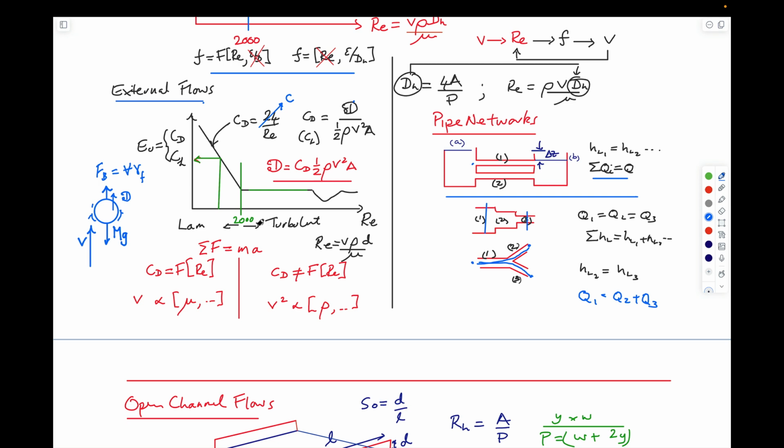If you're looking at external flows, the week 12 material, we can define it by a Moody-like chart, which gives us laminar behavior and turbulent behavior. We define it in terms of a coefficient of drag or a coefficient of lift, which is defined as an Euler number. This is essentially an Euler number.